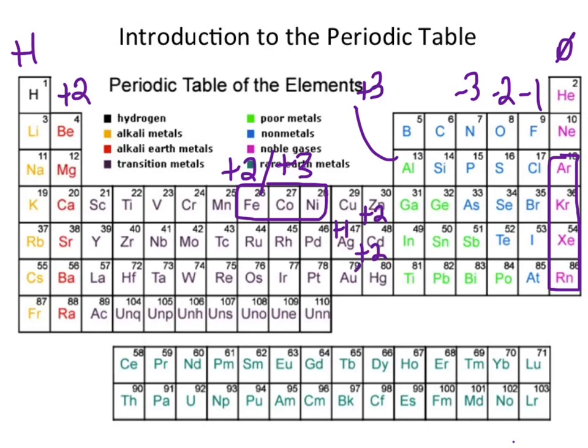Gold, down here, Au, can do +1, +3. And then lastly, these four right here: tin and lead, and then antimony and bismuth. Tin and lead do 2, 4. And antimony and bismuth do 3, 5.